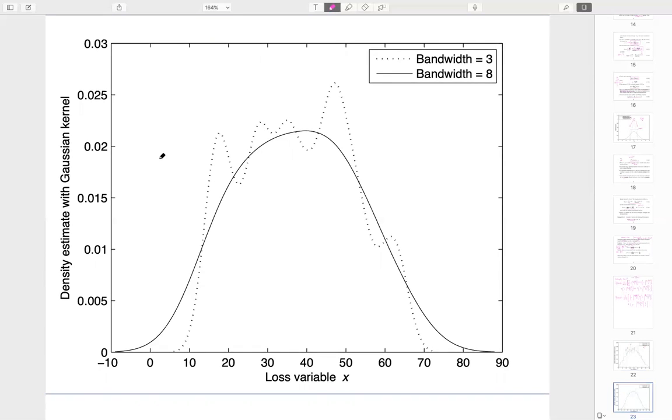This is with Gaussian kernel. Okay, you can see when B is 8, it looks almost smooth, right? It looks really smooth for the solid line now, but for bandwidth 3, well, of course it's smooth, but the shape is rather awkward, right?